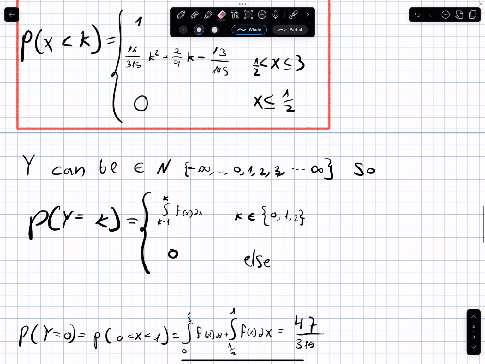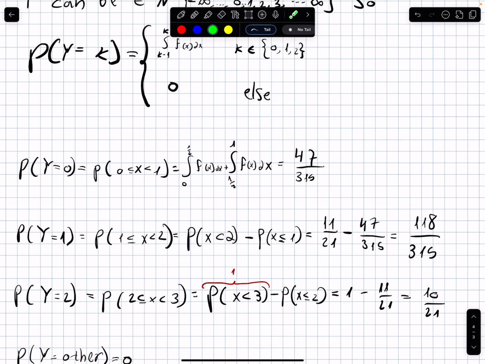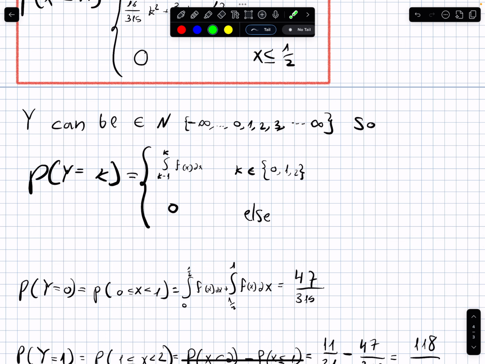We want to know with y. We are only interested in 3 values of y: when y equals 0, y equals 1, and y equals 2. In all the other cases, the probability has to be 0. But let's go over it.